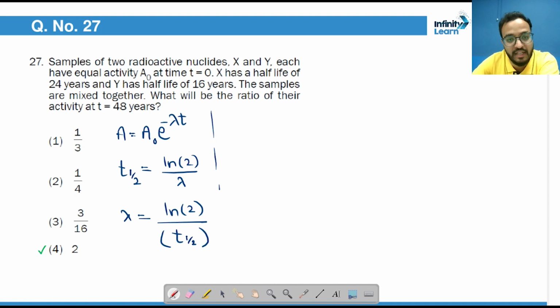Clear? So what they are asking is this. Initially both have the same activity, that means A naught is the same for both of them.